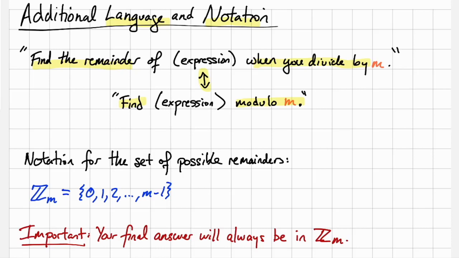Because modular arithmetic is always looking for remainders, we have a special notation for the set of possible remainders, Z sub m, and that's the set 0, 1, 2, up to m minus 1. When you have a question involving modular arithmetic, your final answer will always be in this set, Z sub m. Your calculations may take you outside of the set Z sub m, but you should always find your answer between 0 and m minus 1 inclusive.